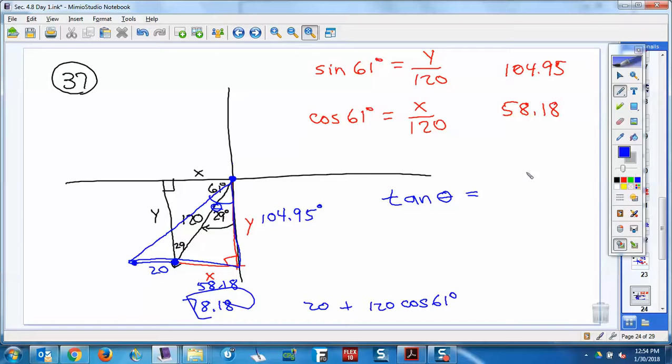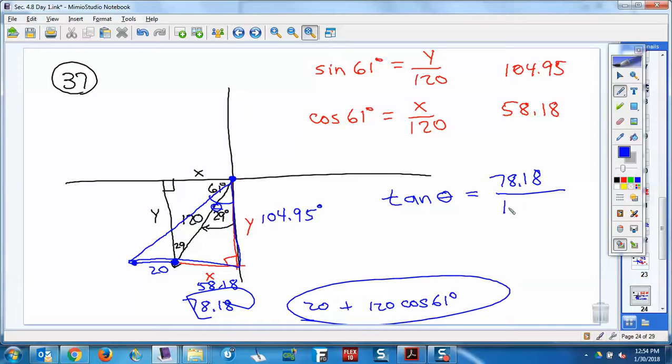Now if you want to use 78.18, if you have more decimal places, that would be good. If you really were going to be careful about it, you could do 20 plus what x was, and remember x was 120 times cosine 61, so that can be on top, and then the bottom is the 104.95, which was 120 times sine 61.